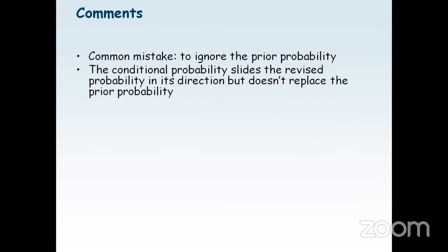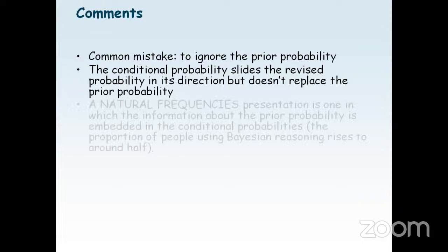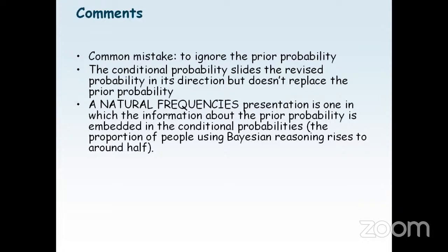So it is a common mistake to ignore the prior probability. Usually in Bayes theorem this happens. The conditional probability slides the revised probability in its direction but doesn't replace the prior probability. A natural frequency presentation is one in which the information about prior probability is embedded in the conditional probabilities.